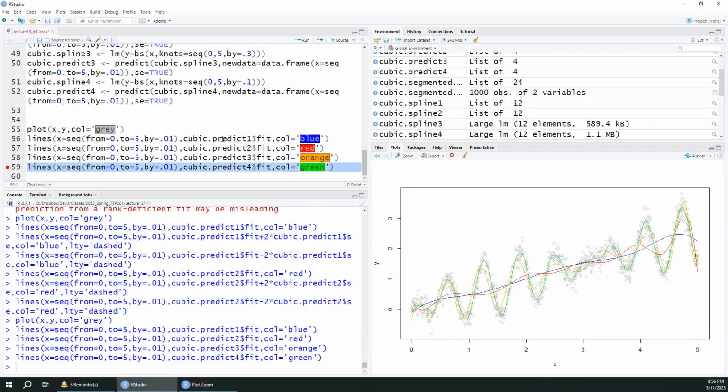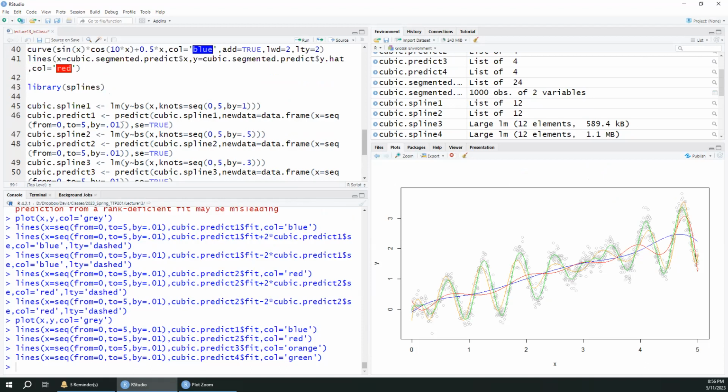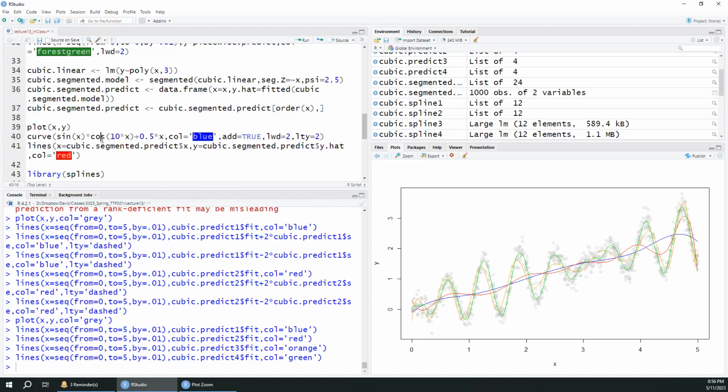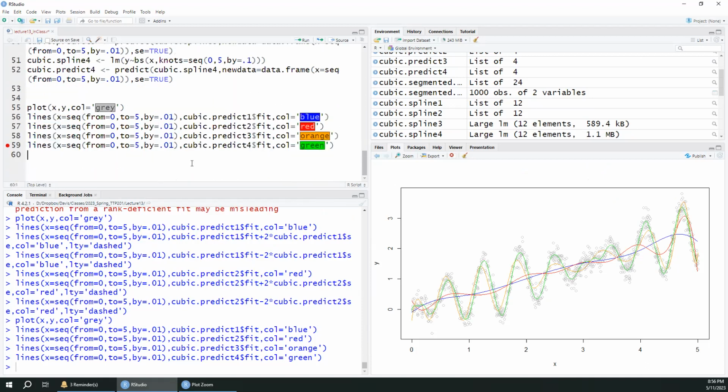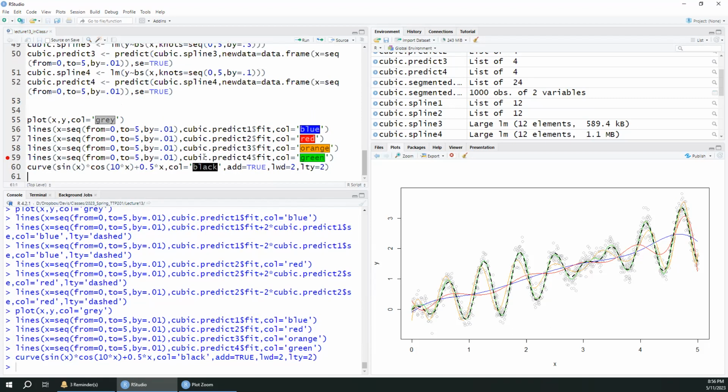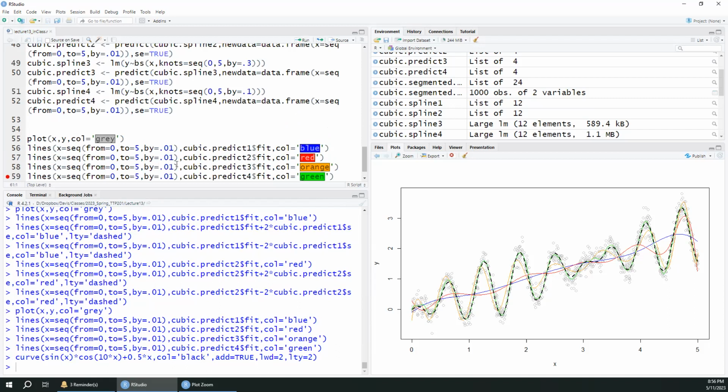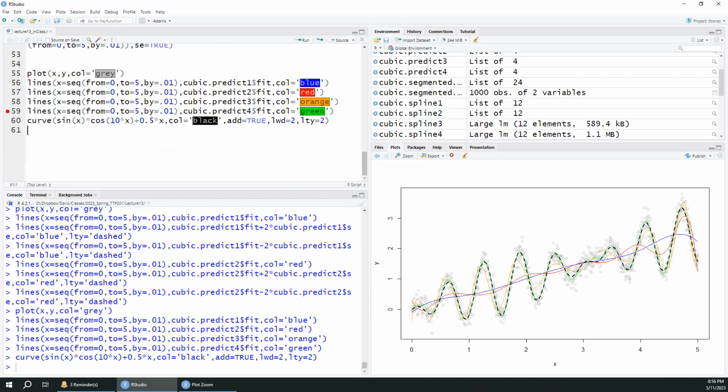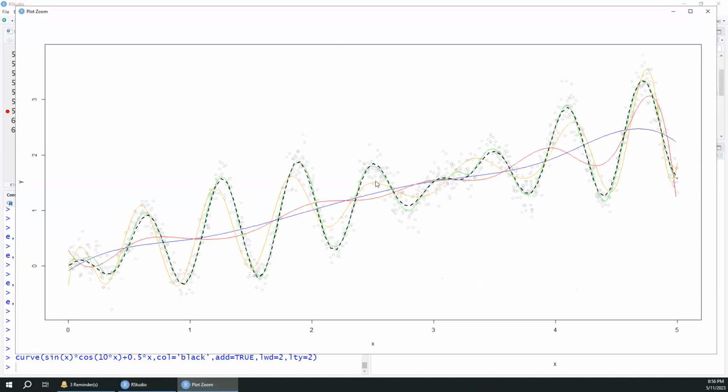And in fact, if I were to jump back and grab the true curve, and let's just make this guy black and add that here. Yeah, you can see that our true line, which is the dashed black line, is basically right on top of the green line the whole way down, right?